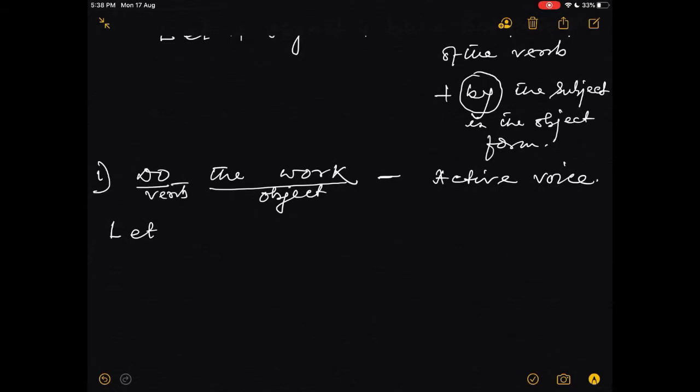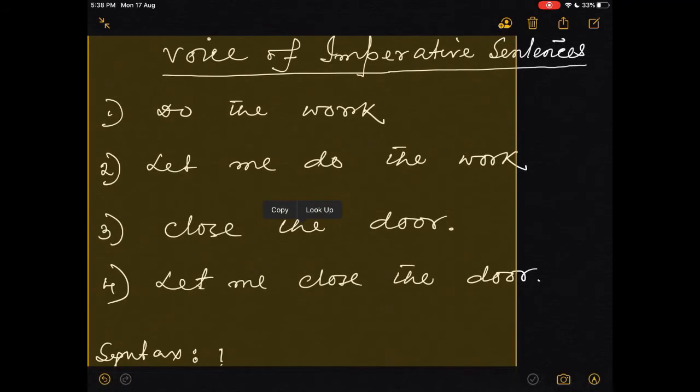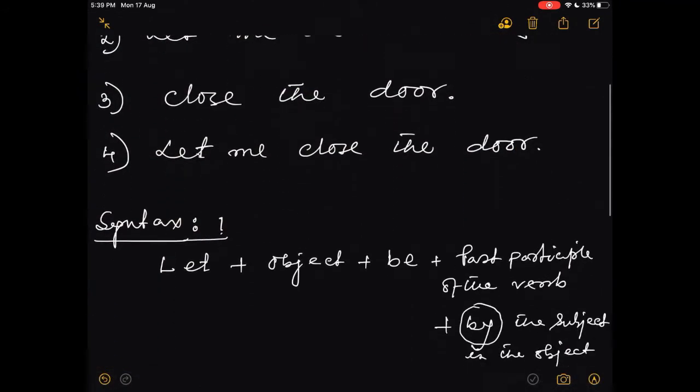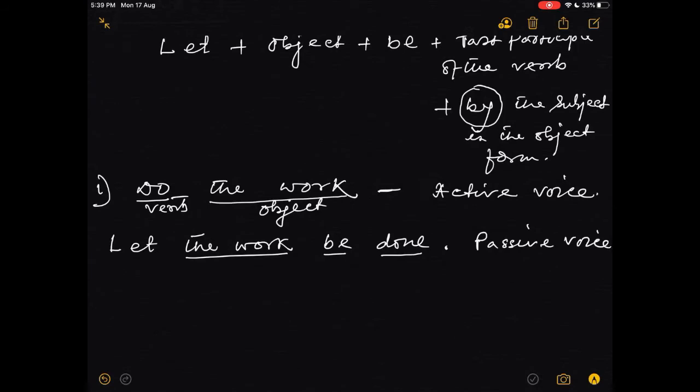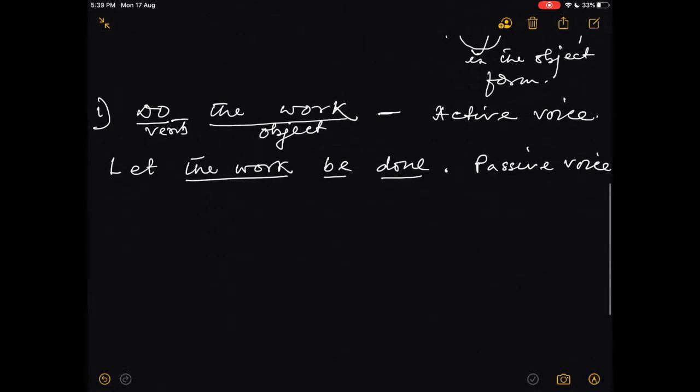Let the work, this is the object, let the work be done. One be is there, be done. This is the passive voice. Okay, so let the work be done.